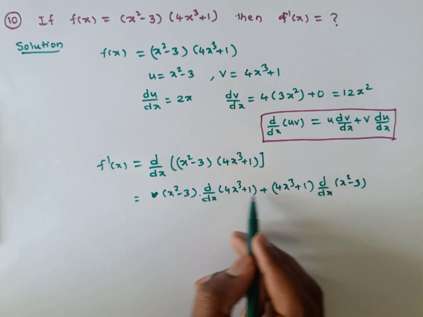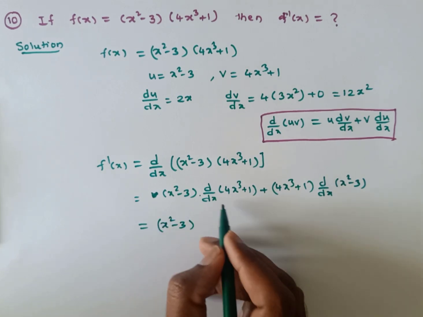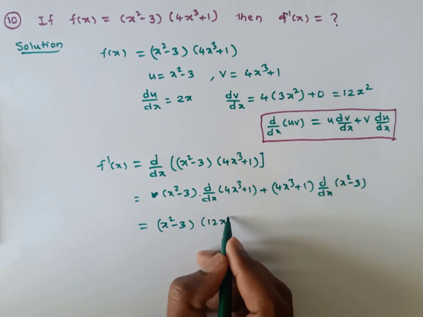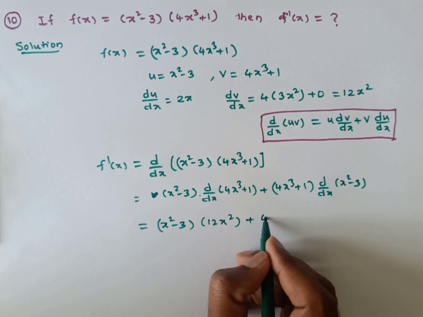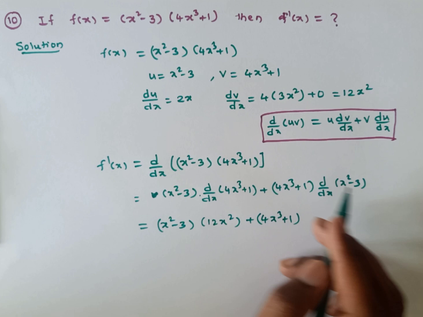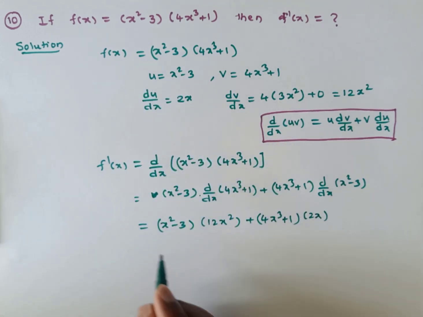So already we know the derivatives of all these things. Here it is x square minus 3 into the derivative of this, which we already did. So this is 12x square plus 4x cube plus 1 into the derivative of x square minus 3, which is 2x.